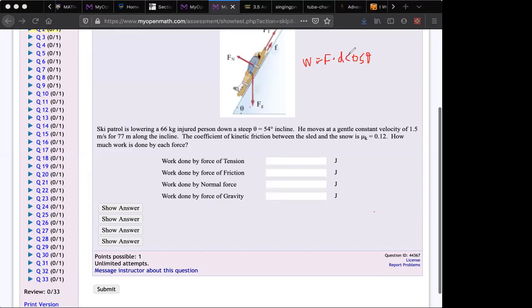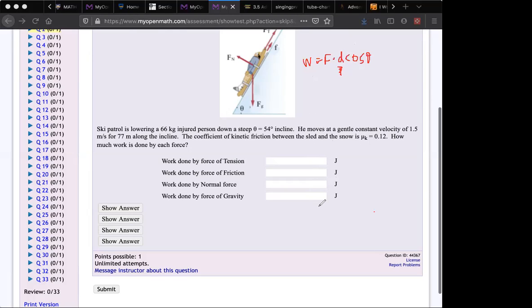Now, it's also sometimes important to just define the force in the direction that it moves, and that's what we're going to do here because it's a bit easier that way. The thing that really makes people crazy is this distance part. If it's not moving in the direction that the force is acting, then there is no work done in that direction. So that means immediately we know the work done by two of these forces.